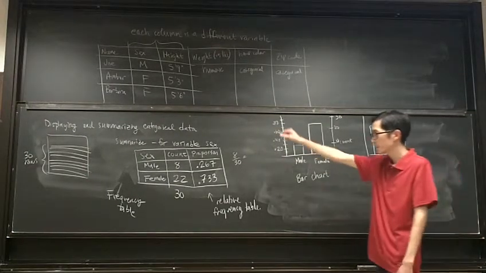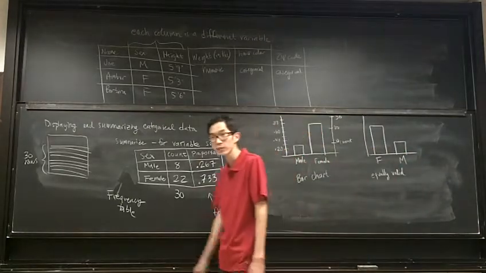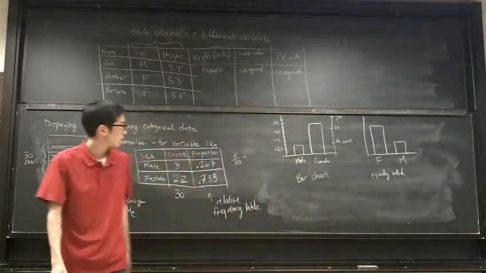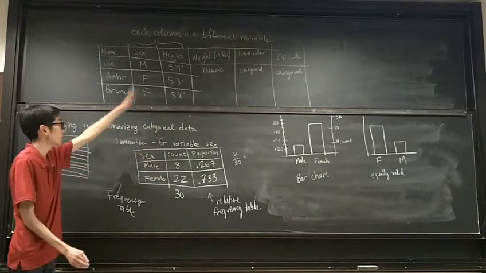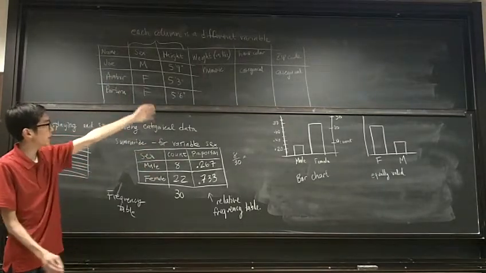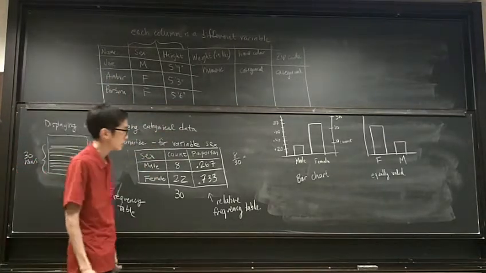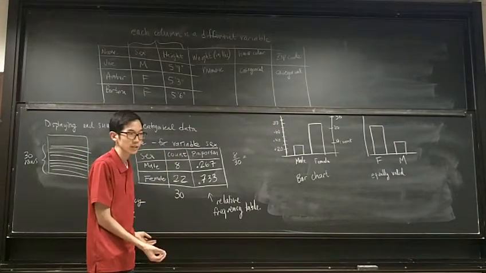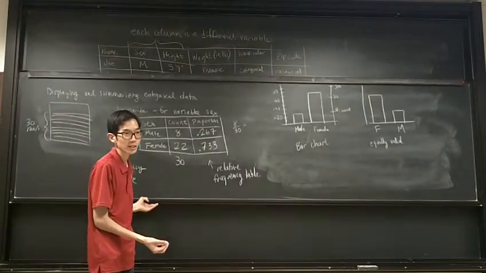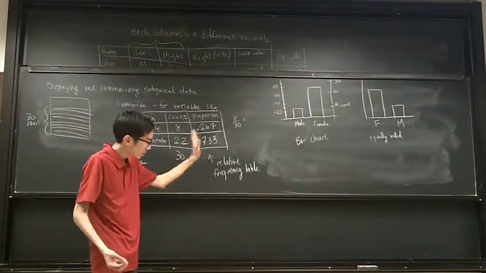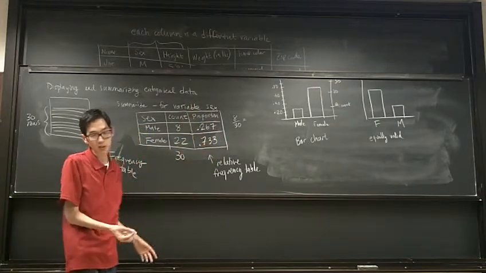And I could have a whole bunch of different categories. All right, so let's say we didn't look at sex, but we looked at hair color. Okay, and I could list off all of the different hair colors that exist in the classroom, and I don't have to put them in a particular order.